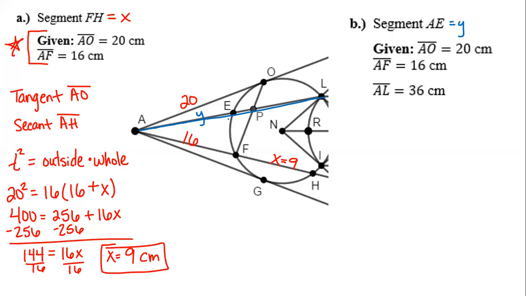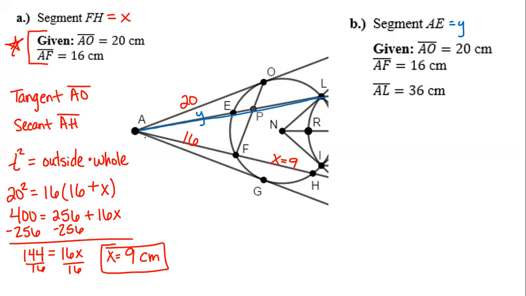So again, if I knew what EL was, I could use the same theorem, the same steps that I did for A. But I don't know what the inside of my secant, or line segment EL, would be. So can't really use that.